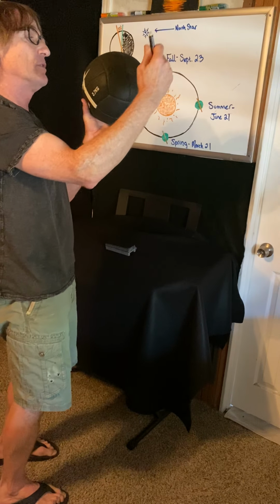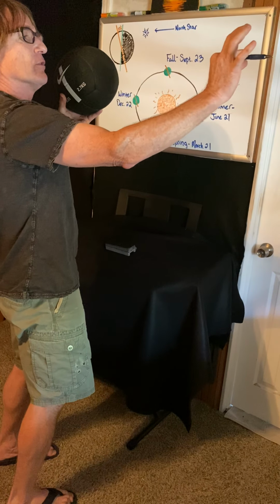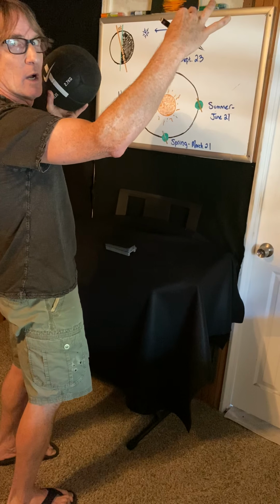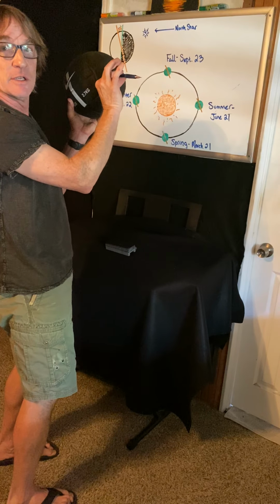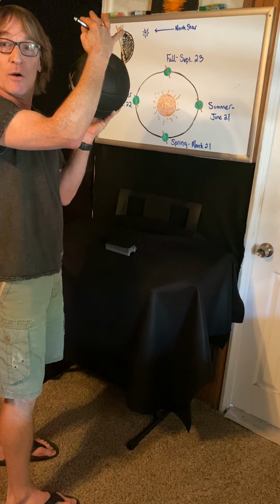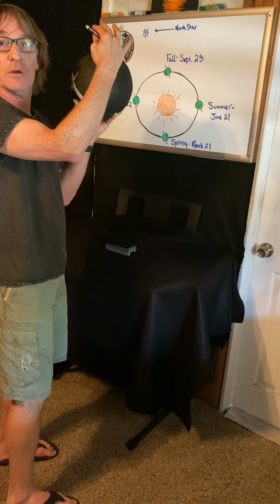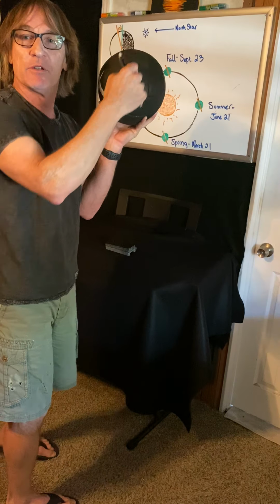And not only that, by not direct, I mean, if you've got a very wide beam of light from the sun coming in this direction, it's going to be very, very direct here, right? But up here, it's going to be more spread out. And because those rays are more spread out, those people in the northern hemisphere don't experience as much heat, okay?